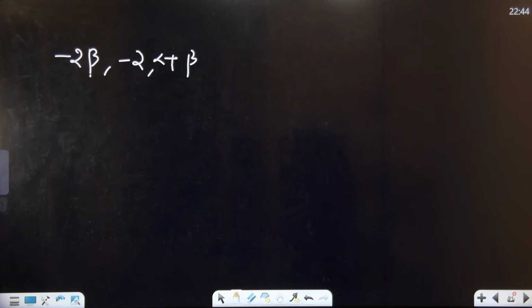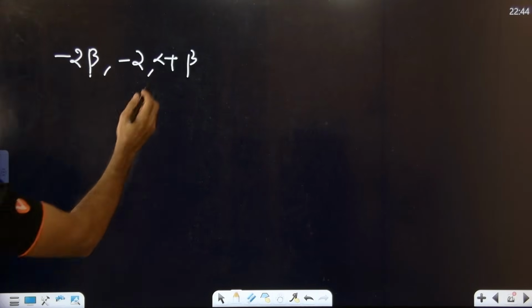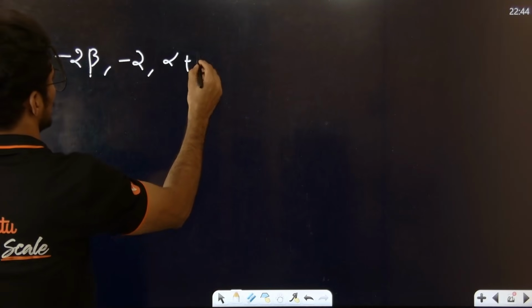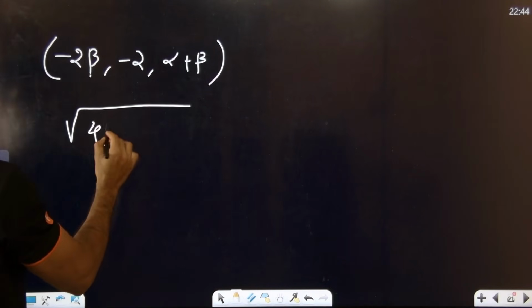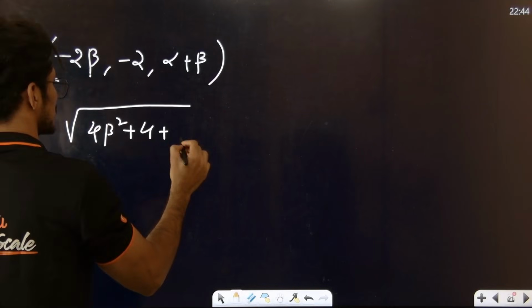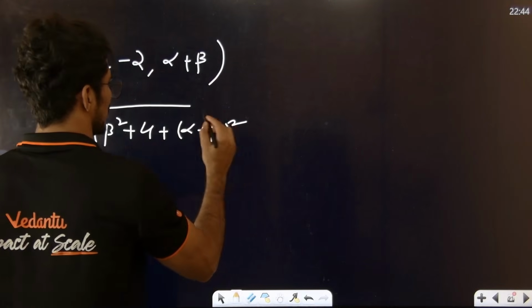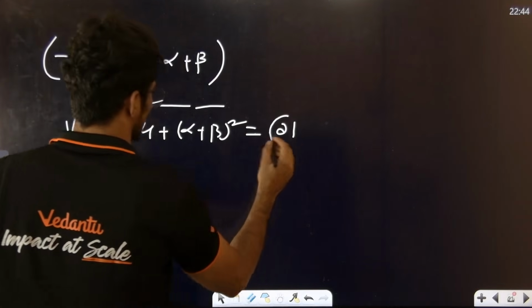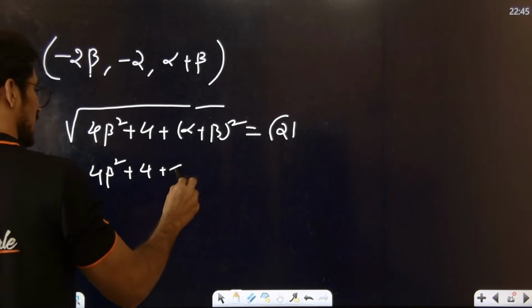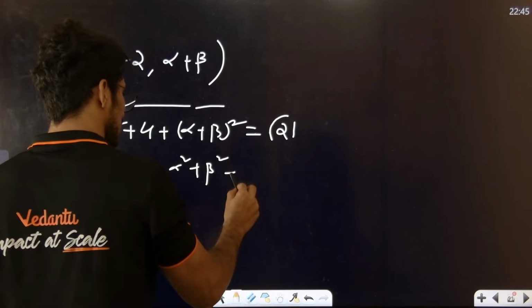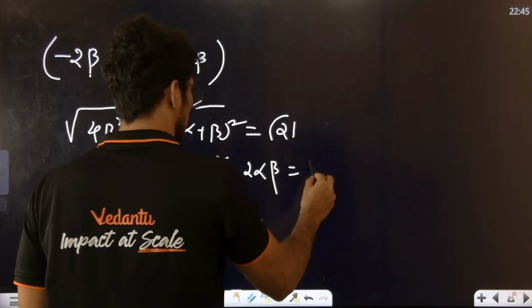Any doubts? So now we need to find out their magnitude. Yes or no? If I find out magnitude, what is the magnitude, sir? 4 beta square plus 4 plus alpha plus beta whole square. This is equal to root 21, sir. So squaring on both sides. So 4 beta square plus 4 plus alpha square plus beta square plus 2 alpha beta is equal to 21, sir.